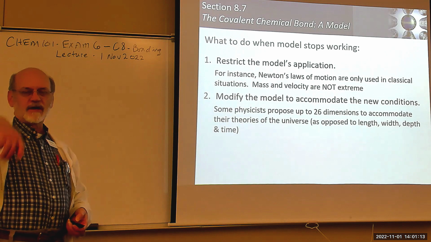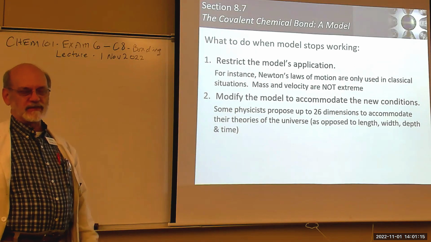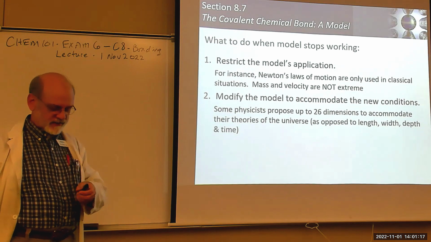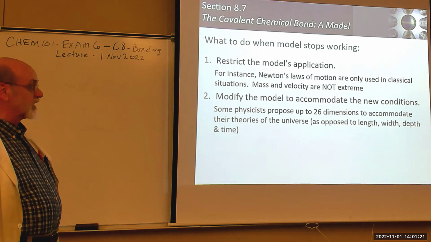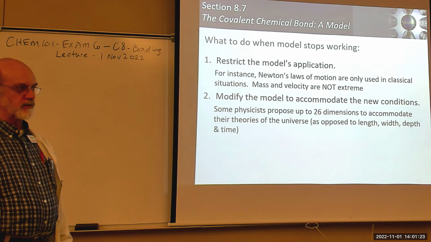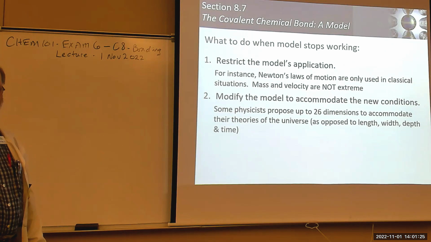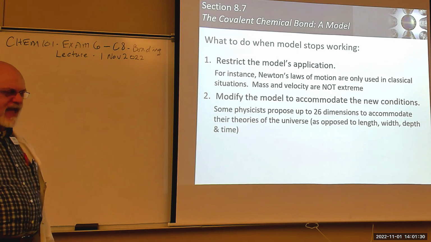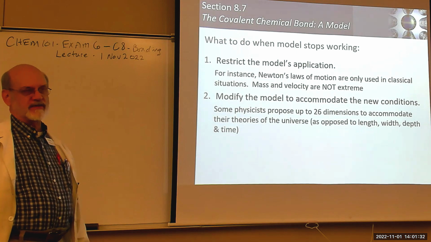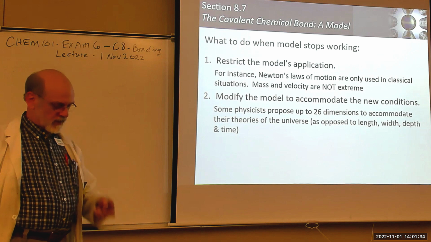Not just height, width, depth, and time as the 4 dimensions of space. I can remember 30 years ago, they were proposing 11 and 12 dimensions. Now they're up to 26, right? And these are all mathematical constructions, right? I can't imagine 26 dimensions in real space. It just does not compute.